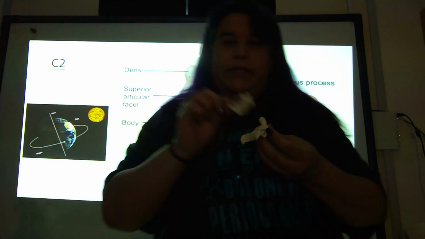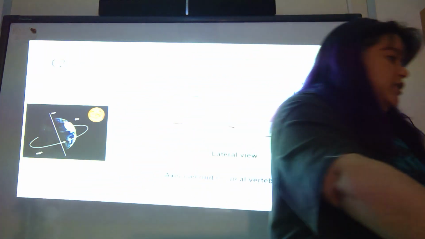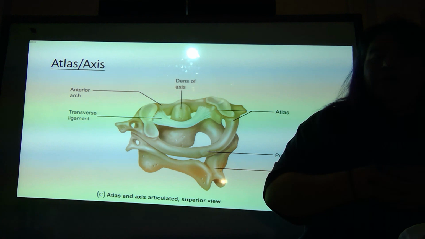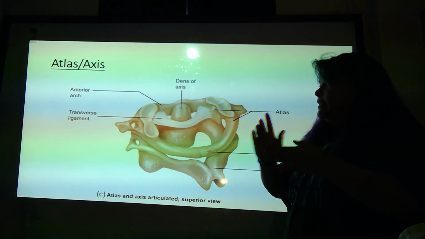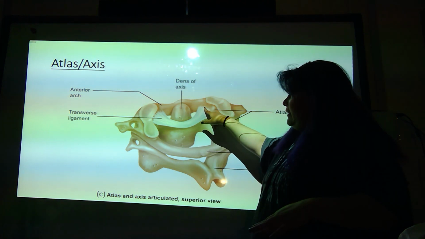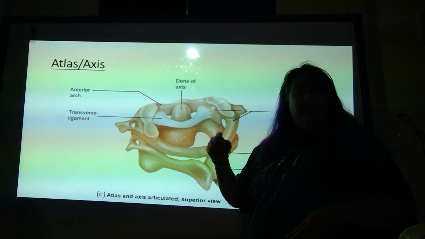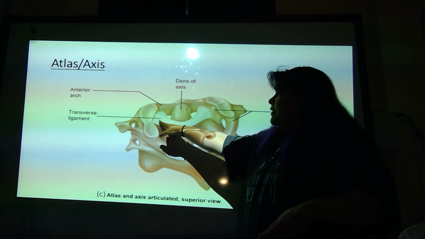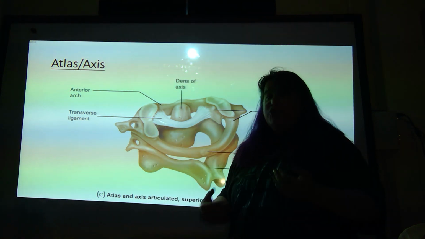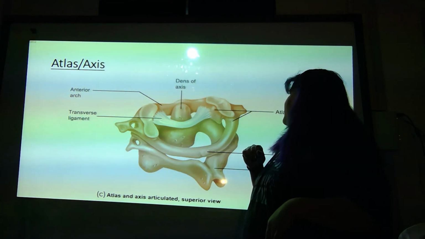So this is C1, atlas, C2, axis. Okay, so let's look at them together. So remember, there's that place where the dens sits, but I've got this ligament here that actually helps to hold that in place so that it pivots so that I can do this with my head. We have the transverse ligament. Remember, trans means across. So it's going across here to kind of hold this guy in place.